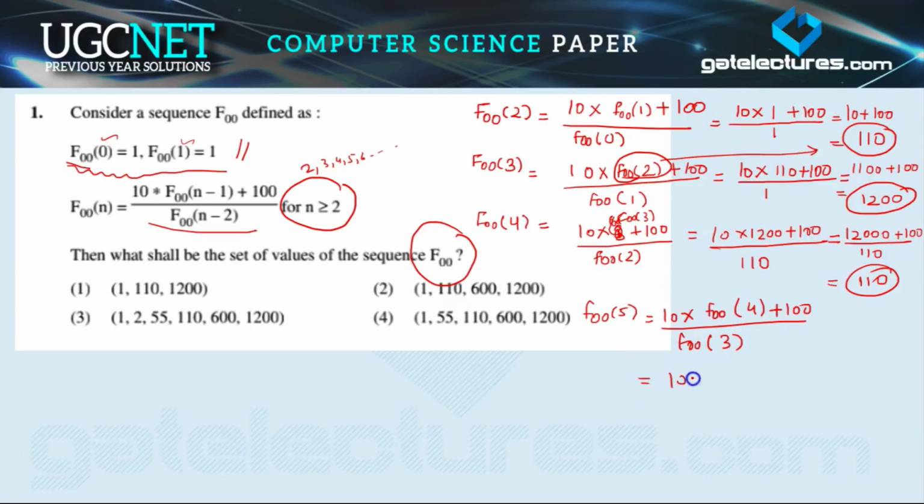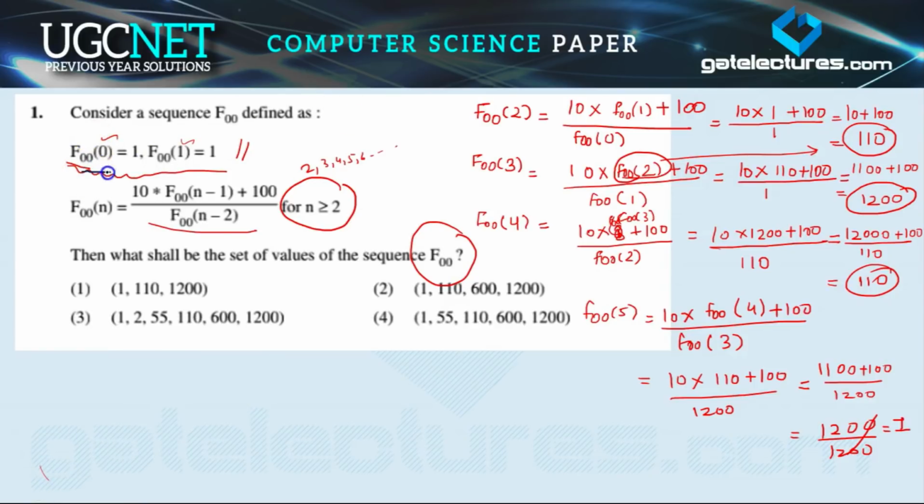You know the value of f(4) is 110 and f(3) is 1200. So solving this, the value is 1. Now see the pattern.